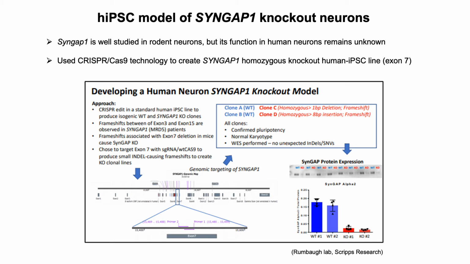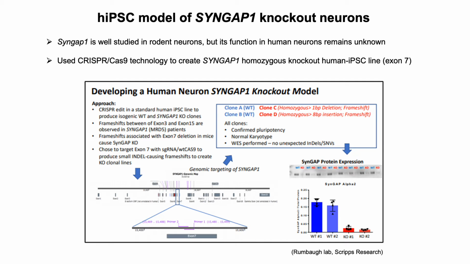In order to study SYNGAP1 pathophysiology in a human-based model, we collaborated with the Rumbaugh lab at Scripps Research, Florida, and they used CRISPR technology and successfully created isogenic human-induced pluripotent stem cell models for studying SYNGAP pathogenicity, and we aim at subsequently using this as a tool to discover SYNGAP mediated phenotypes in the patient-derived neurons.